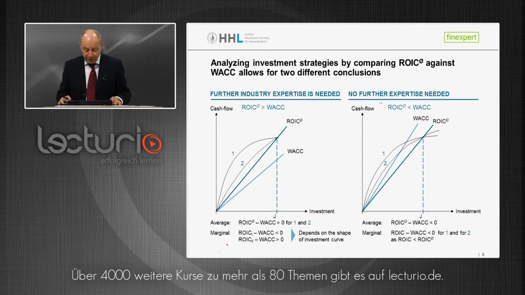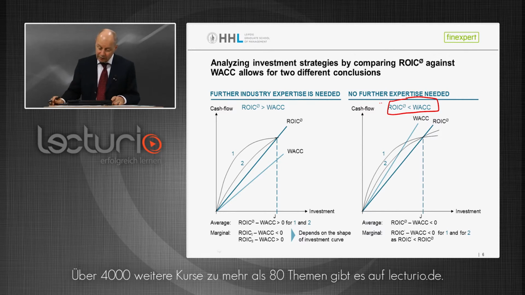So, bearing this potential pitfall in mind, we still are able to identify flawed assumptions when comparing our average rate of return, our average ROIC, against the WACC. Because if the average ROIC is smaller than the WACC, we still know that we are over the top with respect to our optimal investment scale.